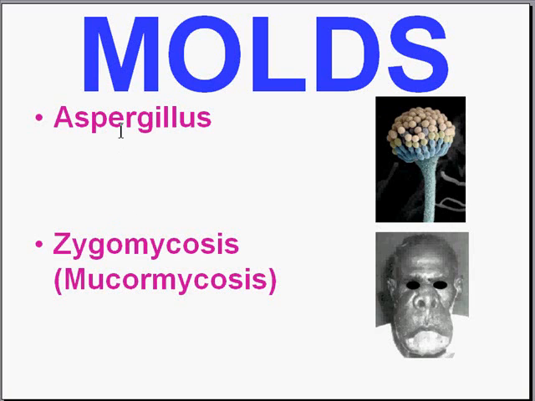One of them is Aspergillus, and one of them is Mucormycosis. They can infect skin and soft tissues, but they can also infect deep tissues as well. I'll never forget a case of an Aspergillus endocarditis that I had in an immunosuppressed patient.